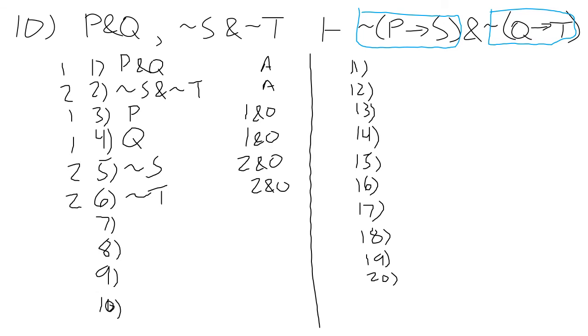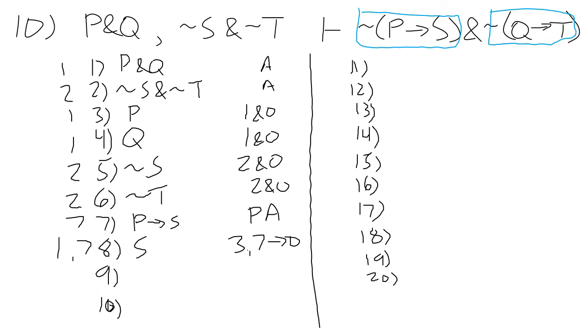So here at 7, we'll make our PA for P arrow S, so the opposite of this conjunct. Now I can toss the P into here. I can get S from 3 and 7, arrow out, 3 and 7, 1 and 7.